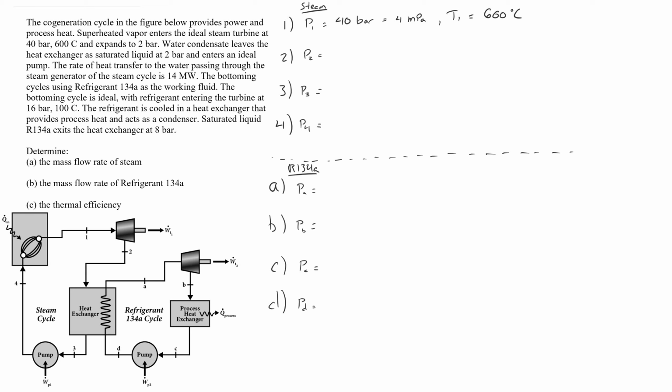In this heat exchanger, the steam washes over the pipes containing the R134A, but the two fluids are not going to mix. This will also be the pressure at state 3.